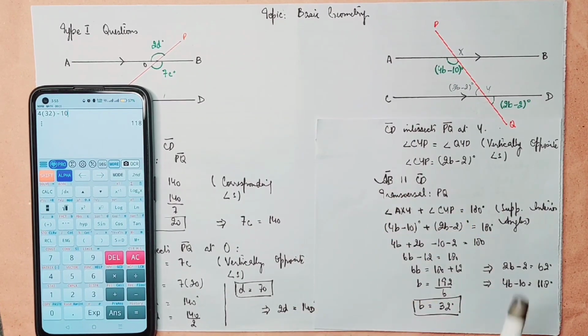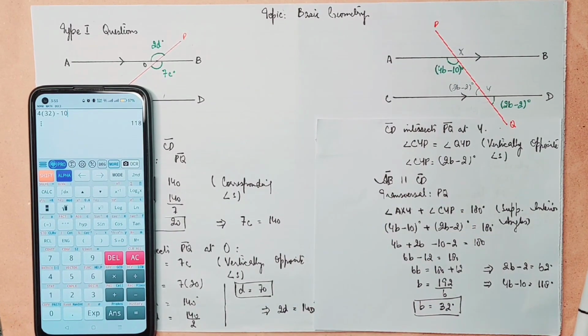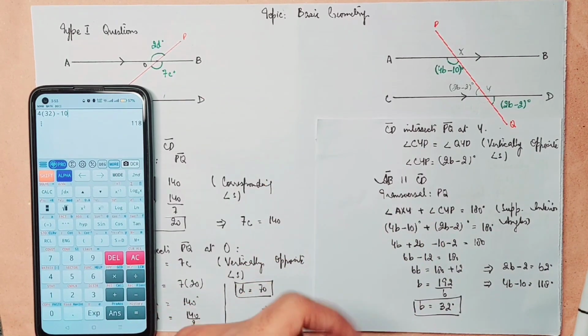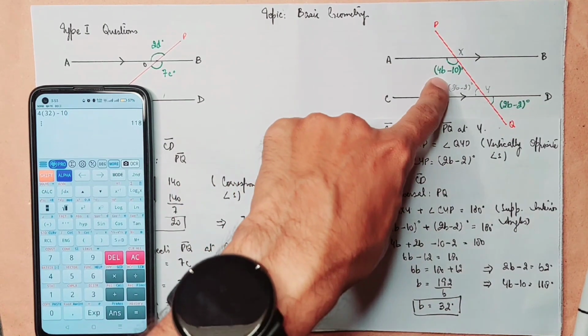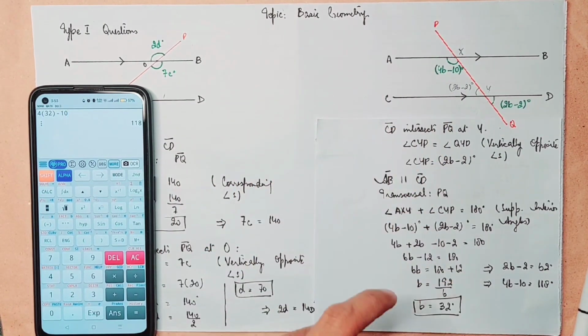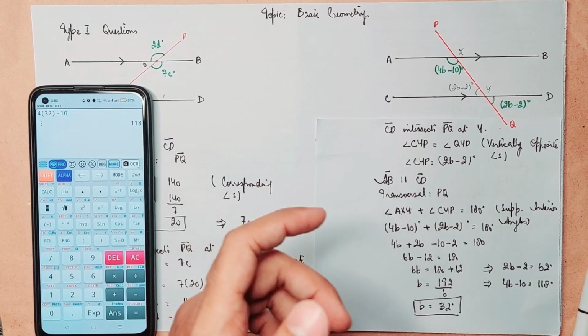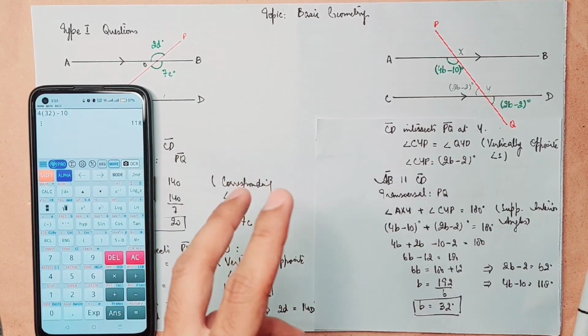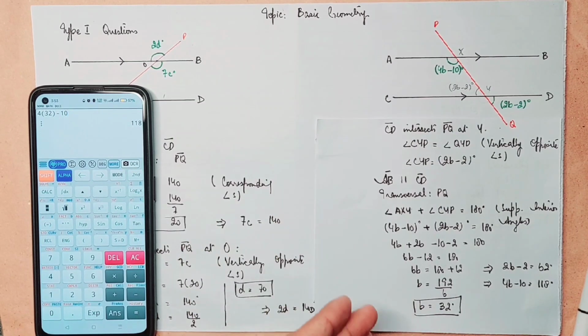I am calculating the value of the unknown variable along with the unknown angles, because in some of the questions in the exam you are asked to find the value of the unknown variable, and in some of the questions you are asked to calculate the value of the unknown angle. You should be familiar with both categories of questions, so I have calculated both of these.